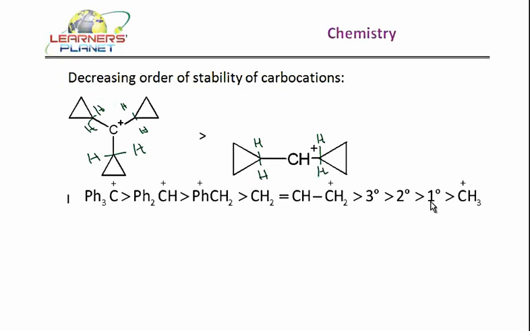It is further more stable than primary carbocation and then methyl carbocation. Right? So, allyl carbocation is more stable than tertiary carbocation because of resonance also. So, this is about the decreasing order of stability of carbocations. The stability of carbocations is affected by the inductive effect, the second is hyperconjugation, and the third is resonance.